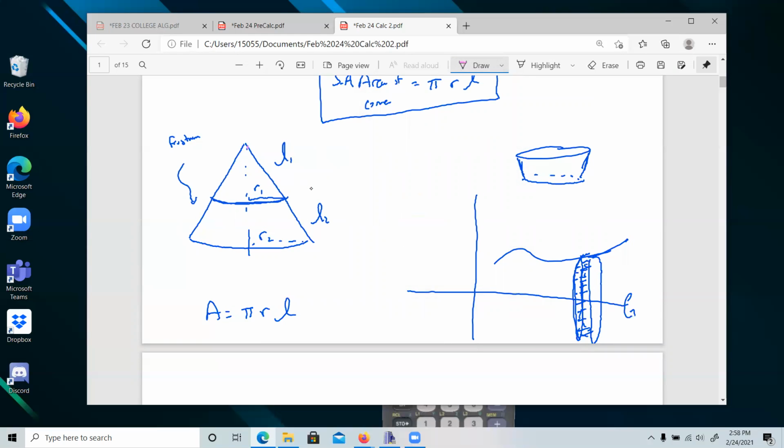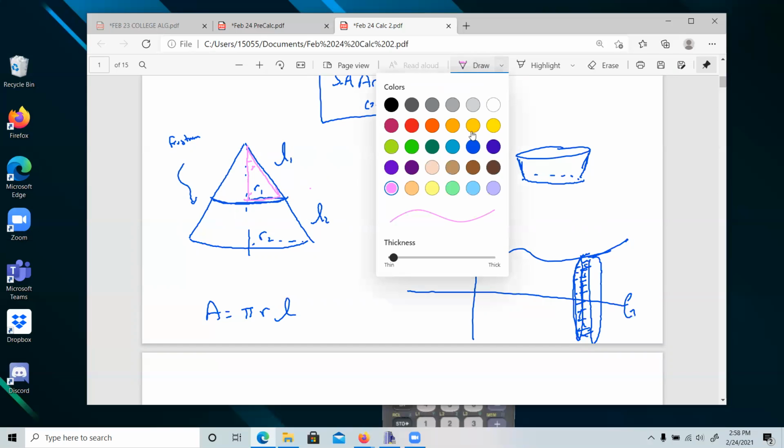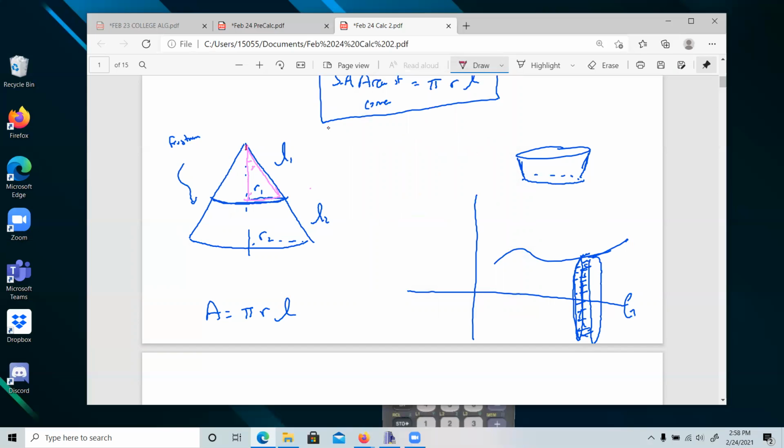so that we can say something about this triangle. Think about this theta here: it is the adjacent over the hypotenuse, so this is a cosine of that angle. The cosine of this angle here would be R1 over L1. No wait, that would be the sine. The sine of these two angles are the same.